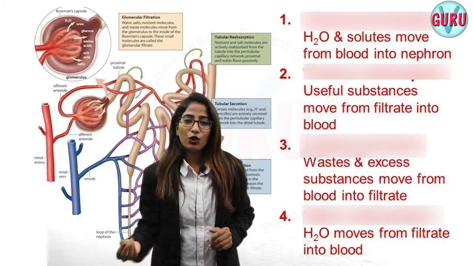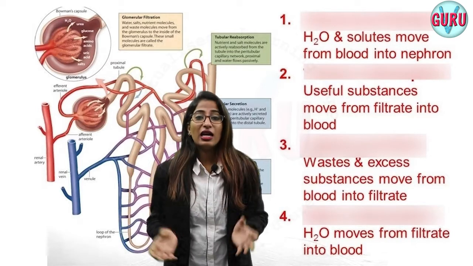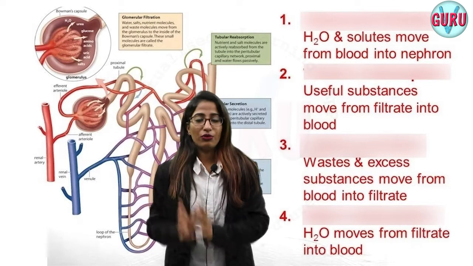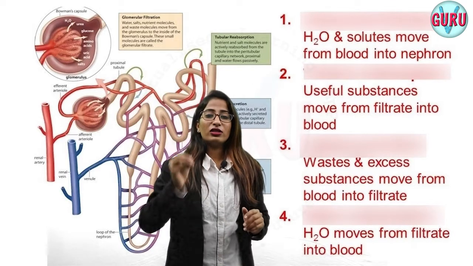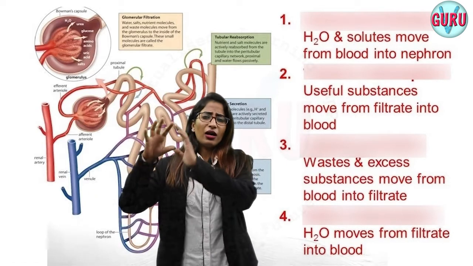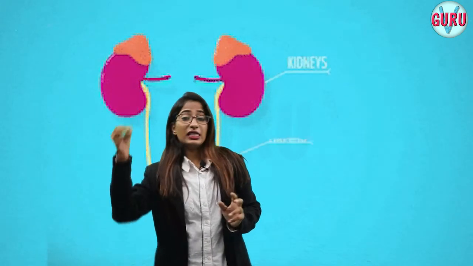In the collecting tube, what happens? It reacts with the vasopressin and is further concentrated into the urine. That final concentrated urine passes into the structures called pyramids and calyces. From there, it enters into the pelvis of the kidney.